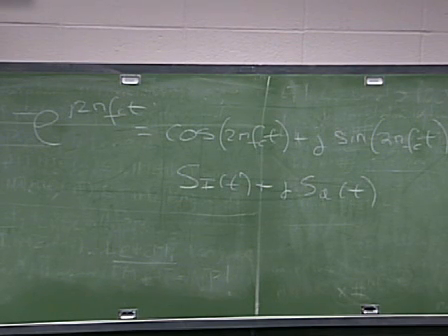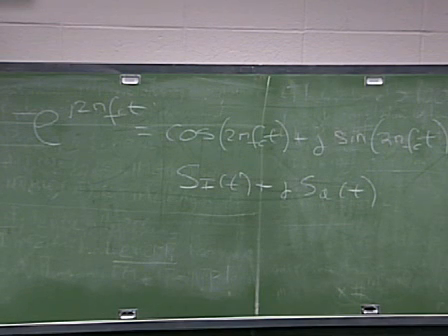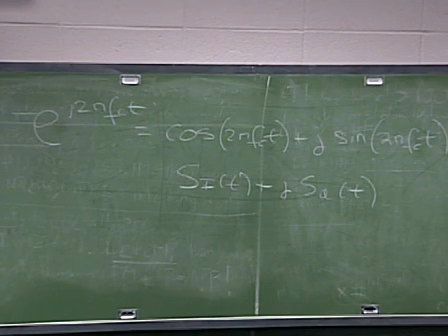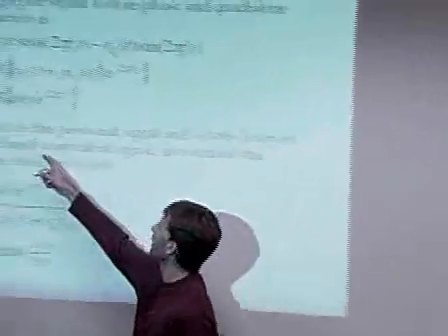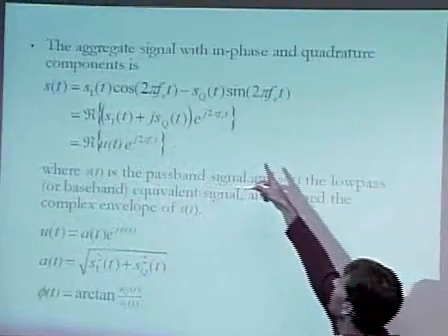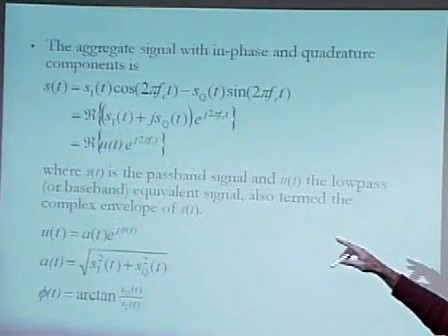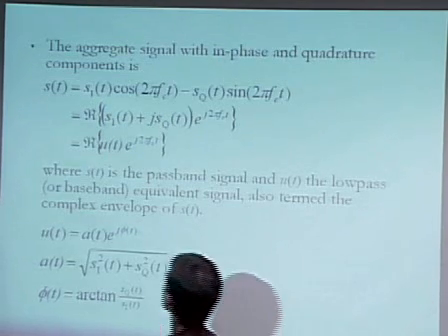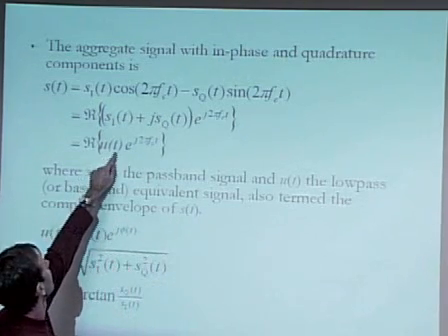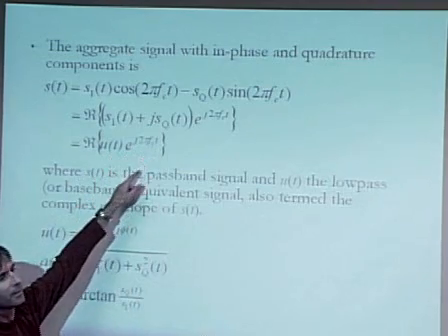Okay. Now let's call this s sub I of t plus j s sub Q of t a complex number. Let's call it u of t. We just define it as u of t. So what we have now is that a passband signal s of t, at frequency fc, with each in-phase and quadrature components, can be represented as the real part of u of t times e to the j 2 pi fc t.